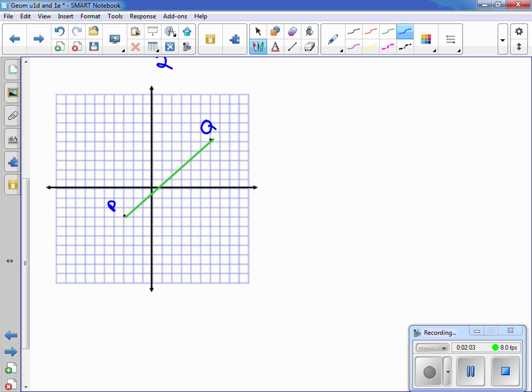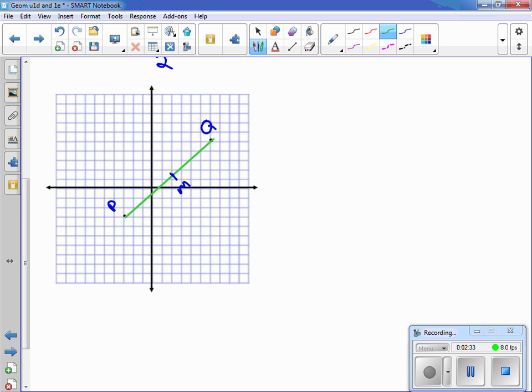Our midpoint M, and that's just approximate, is going to be given by the formula for the coordinates of that midpoint. Most of the time you're going to see them expressed as x2 and y2.